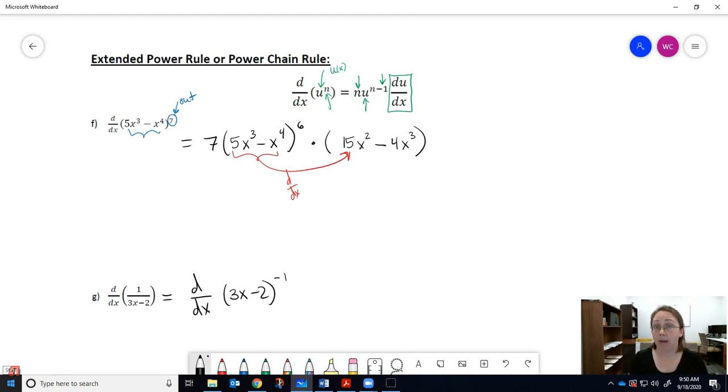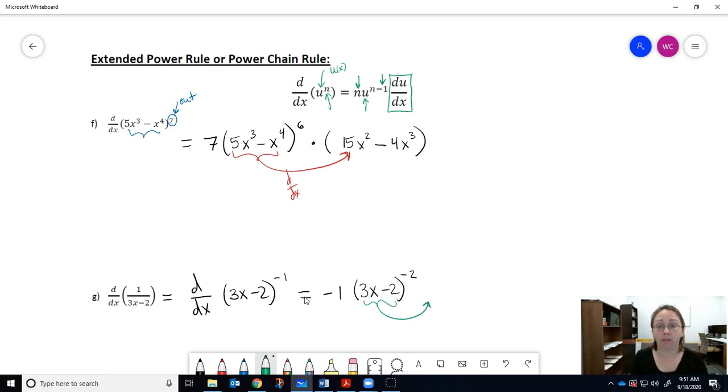Now you can use the extended power rule. All right, so how does extended power rule work? Power comes down in front, so our -1 goes in front. You could put the 1 or just the negative. The inside stays the same. Don't forget your new power, -2.